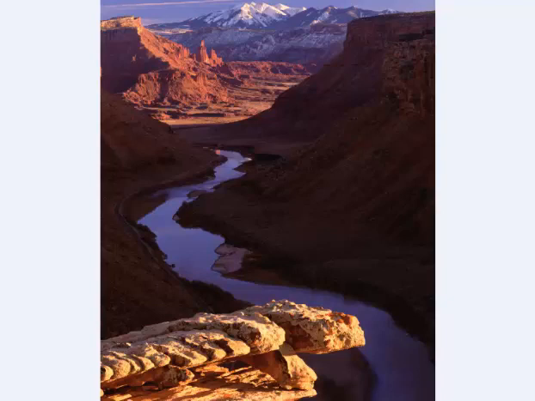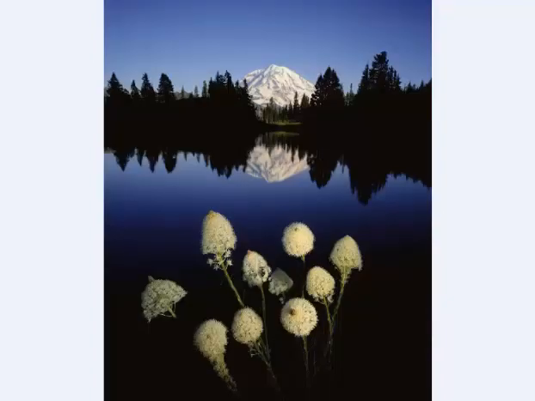Mm-hmm. Well, your next image here, is that the cover of a book, one of your books? This was a Sierra Club cover one time. And I've forgotten if this is one that's Rainier at Eunice Lake with bear grass. It's been used considerably. It's been an icon for many uses, and it's just lucky.